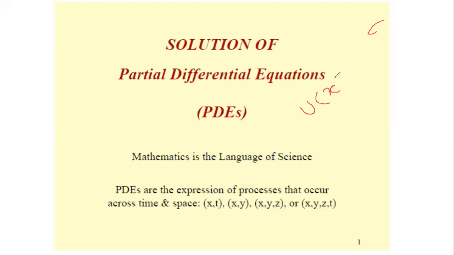If a certain quantity is a function of one independent variable, x, then you can perform differentiation of this function with respect to x only, du upon dx, and the equation involving the derivative of that function is called an ordinary differential equation.